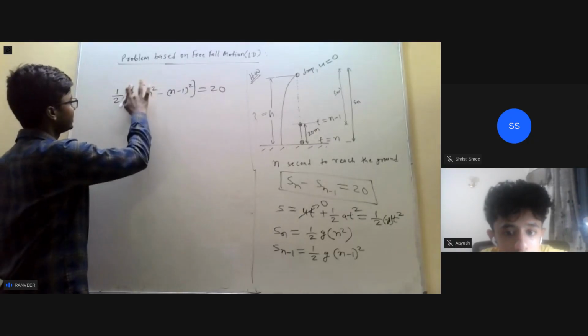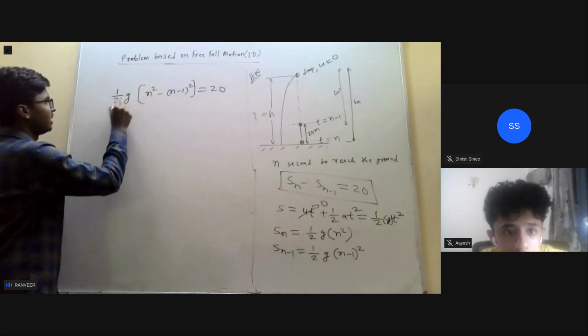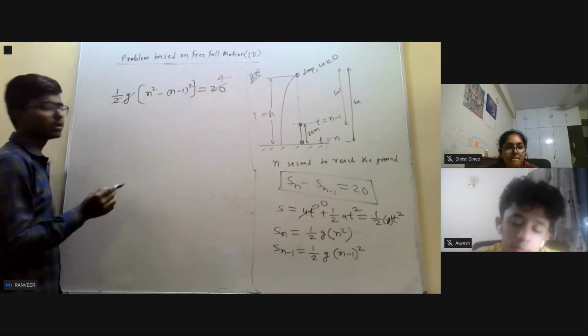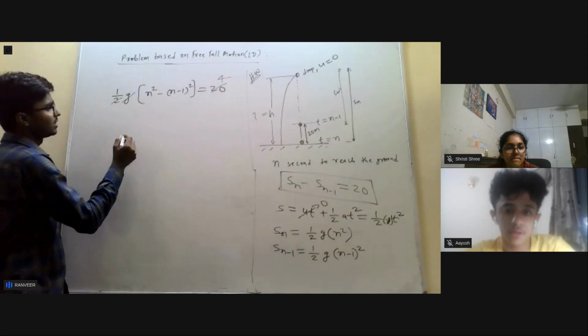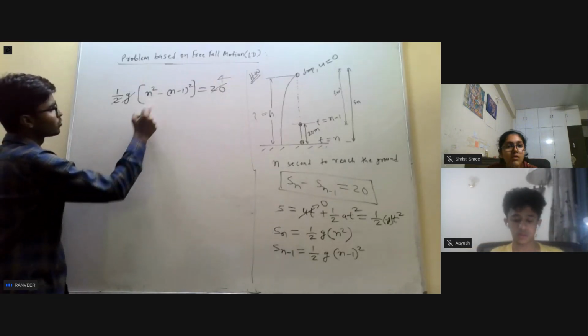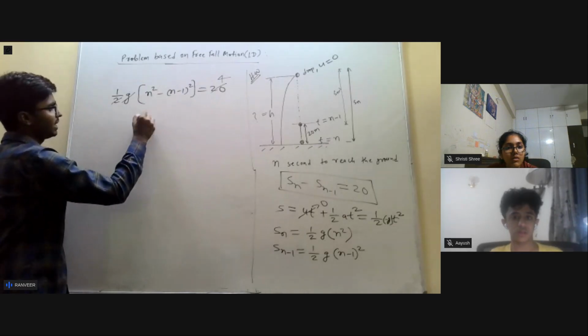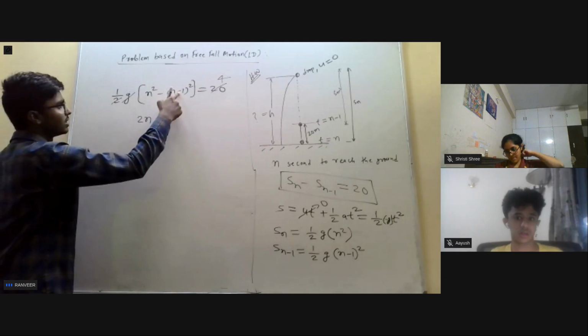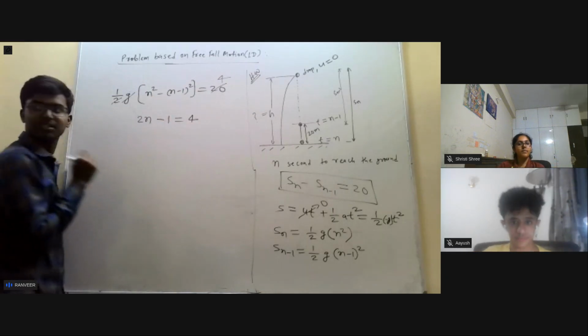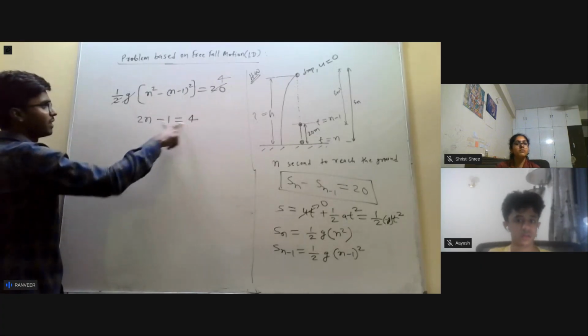Not g square, g. So it will become 5, it will become 4. n square will get cancelled. So we'll get 2n minus, minus and plus, 1 equal to 4. Correct? So it will become 5 upon 2.